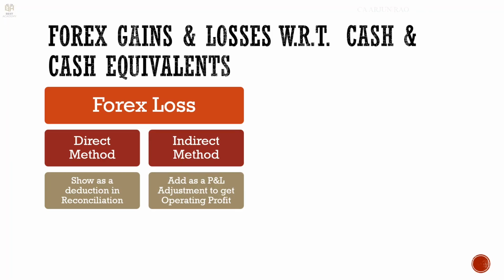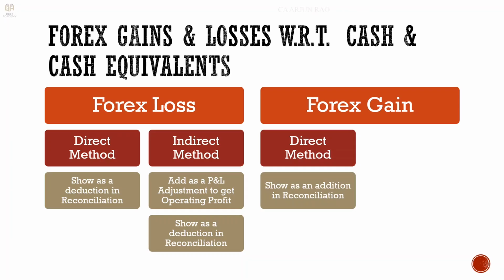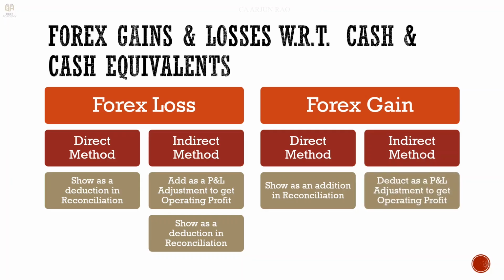We add it and then we show it as a deduction in reconciliation, that is at the end of the cash flow statement. Forex gain treatment is reverse. In direct method, we just show it as an addition in reconciliation, that means at the end of the cash flow statement. And in indirect method, we first deduct it to get operating profit and then show it as addition in reconciliation.